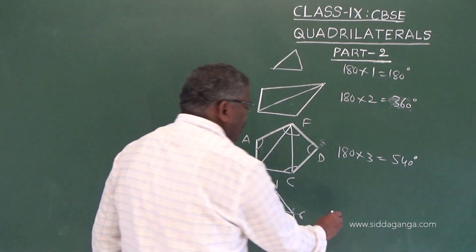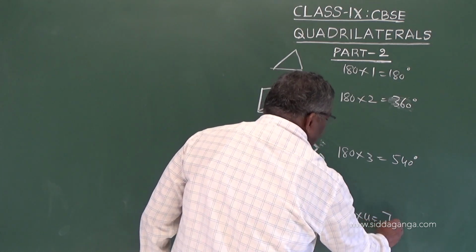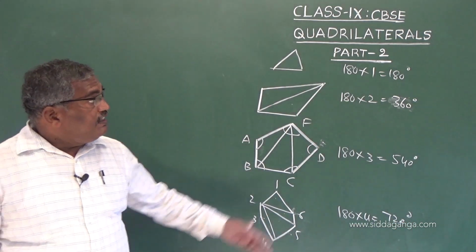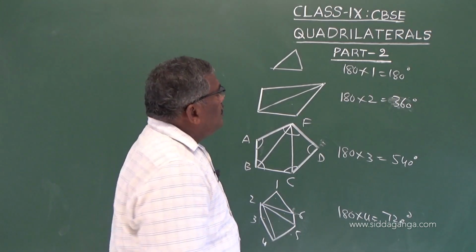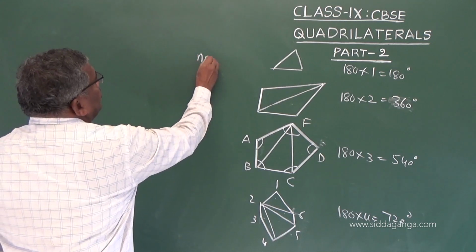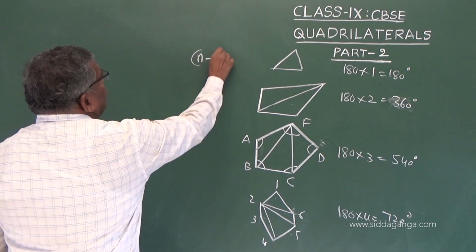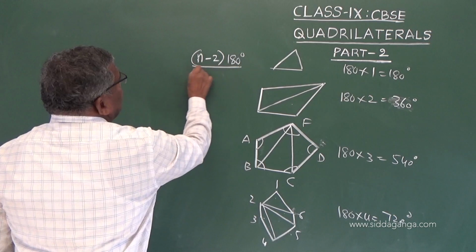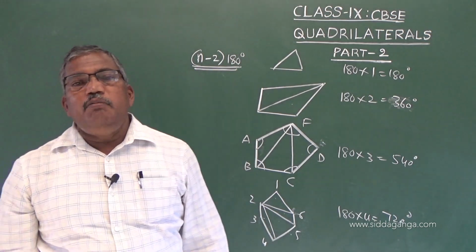So it becomes 180 into 4, 720 degrees of interior angle. With this knowledge, we derive a formula. The formula is: n minus 2, into 180 degrees, is the sum of the interior angles of any polygon.